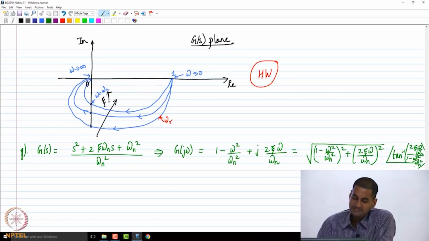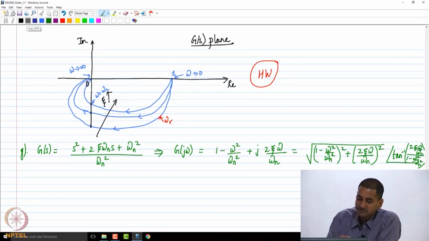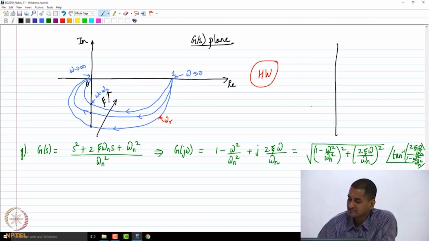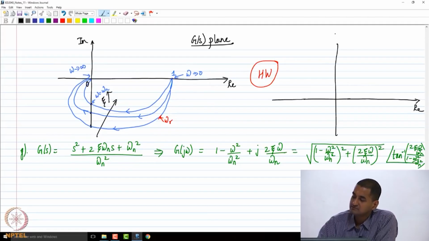So once again, if you plot this, you can immediately observe something if you look at the real part and the imaginary part. What can you say about the imaginary part for any zeta? It is always non-negative.